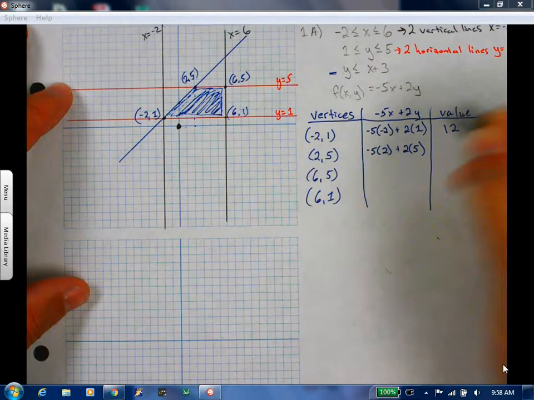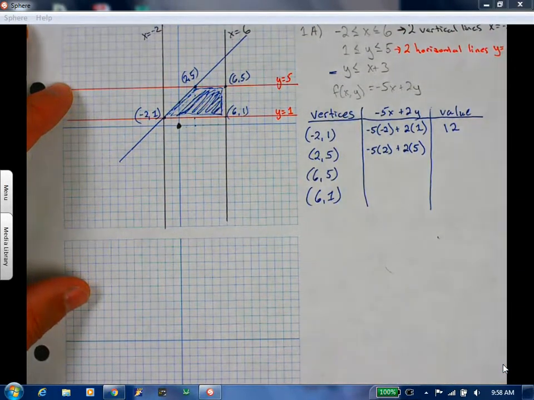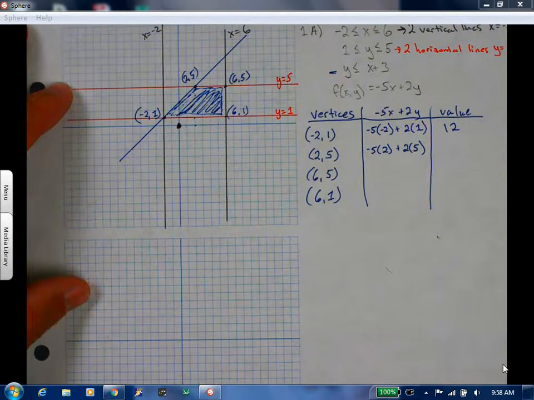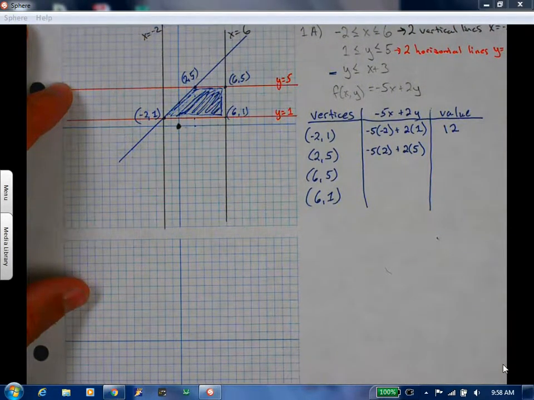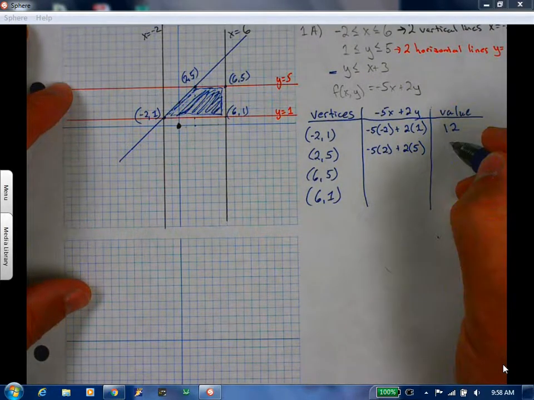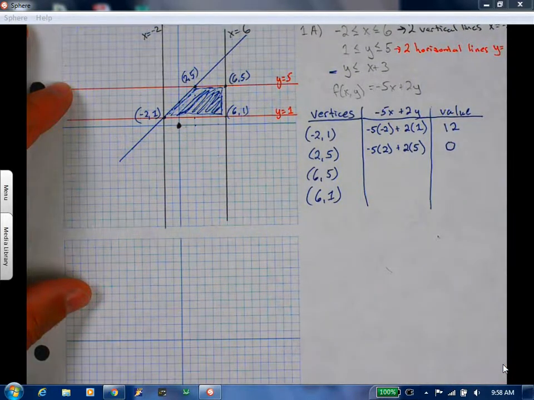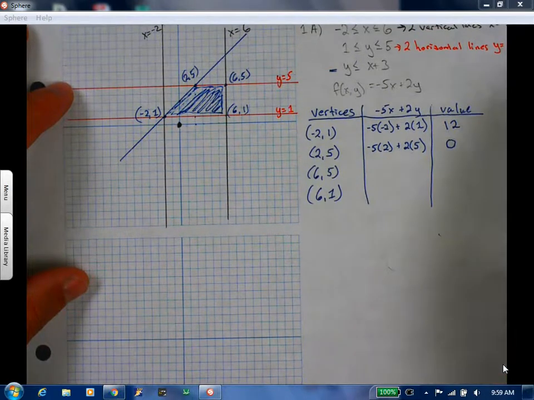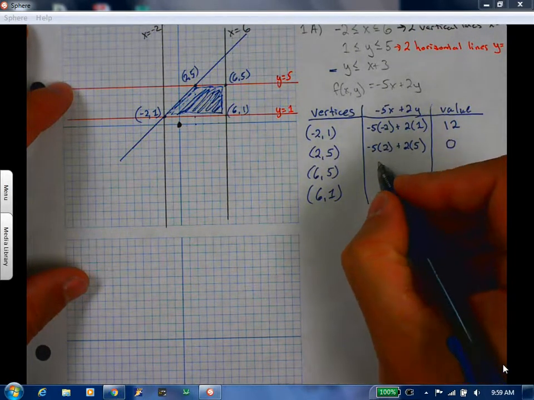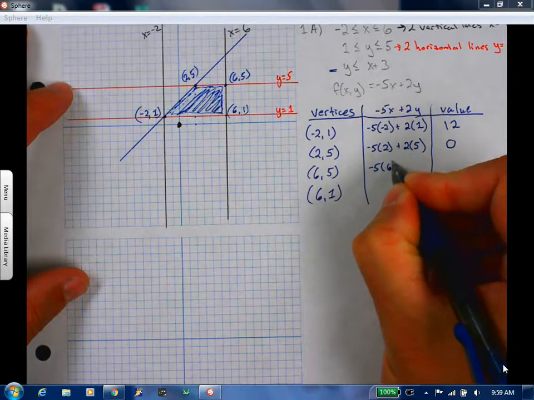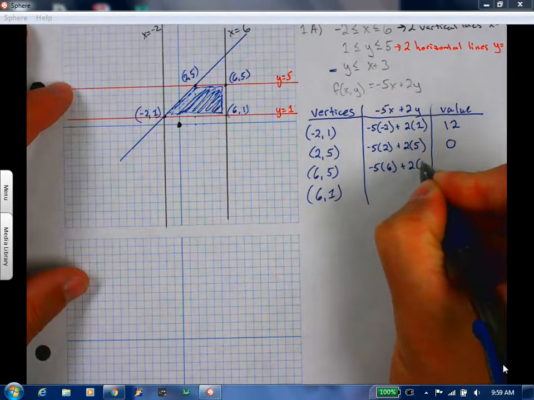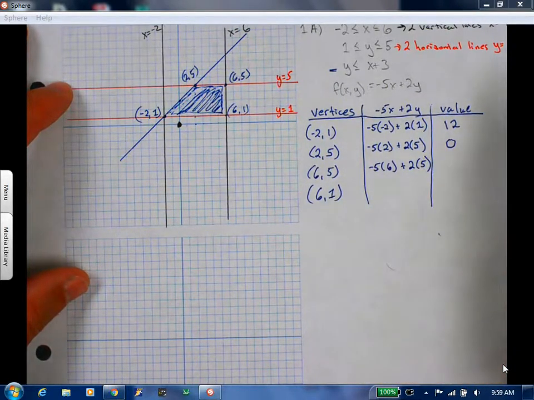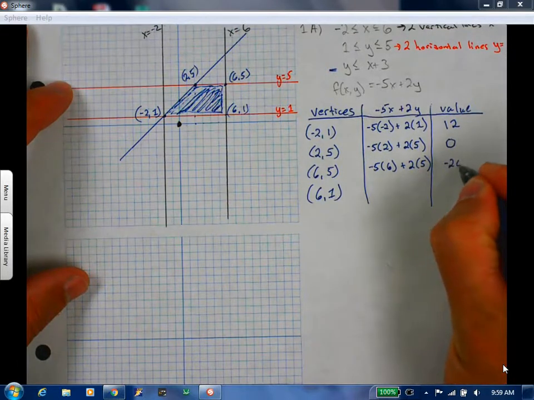So you kind of go through, you're going to plug each one of them in. This would equal 0. $20.